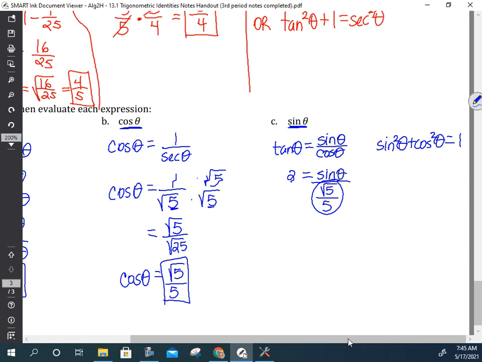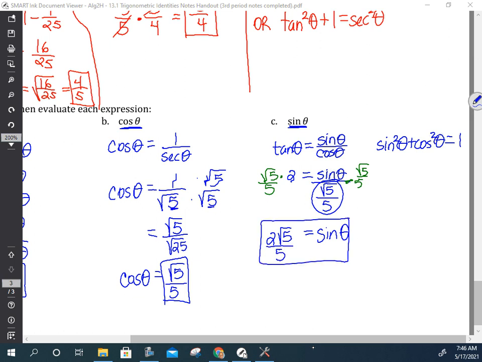So to get rid of it, you need to multiply both sides by square root 5 over 5. If we do that, we're left with sine theta on one side, and on the other side, we have 2 square root 5 over 5. That's that. Problem's over. Technically, you've already simplified it to what you needed to do.